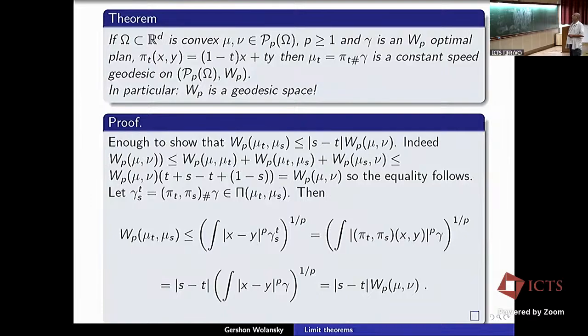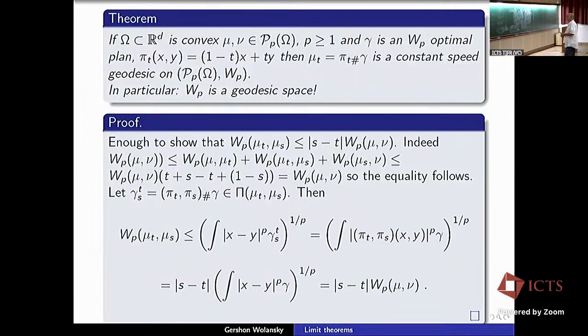Then we can define a family of measures mu t by pushing gamma, which is a measure on X times Y, to the space X by this pi t, because this is a mapping from X times Y to a point in the space X. So mu t is defined in this way, and this is a constant speed geodesic. In particular, this theorem implies that W_p is a geodesic space.